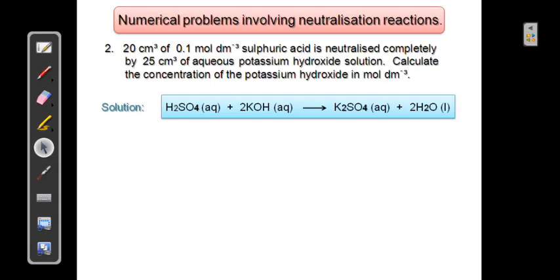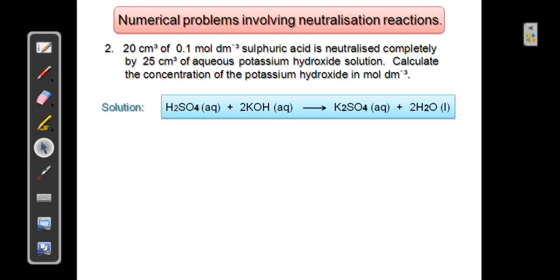Again, why do we need 2 KOH? Why not only 1 KOH? Simply because the H2SO4, the sulfuric acid, has 2 hydrogens there, right? So if you want to neutralize the hydrogen in order to convert this acid into salt, you need 2 K to take over the SO4.